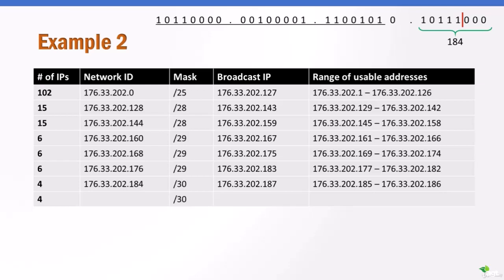Last but not least, network ID is going to be 188. The two usable addresses are going to be 189 and 190. And then the broadcast IP is going to be 191.